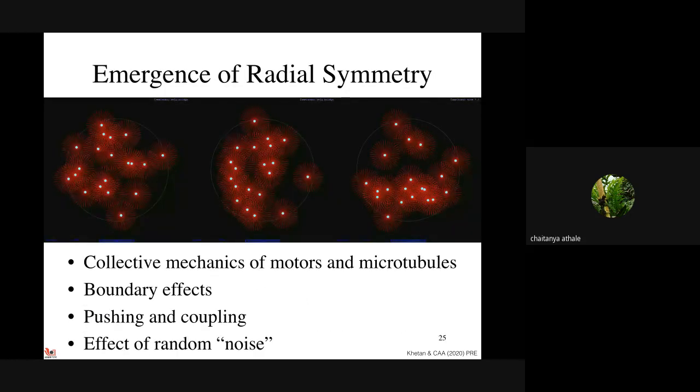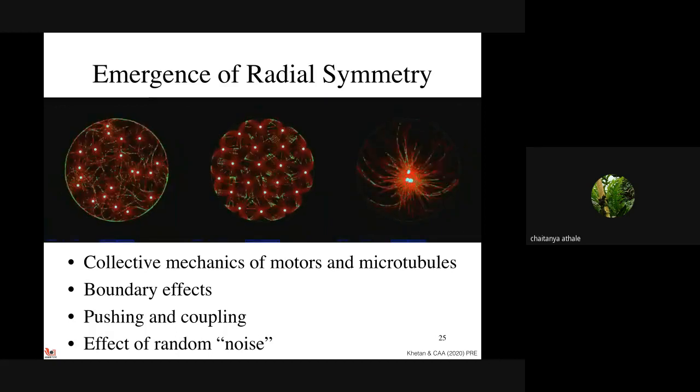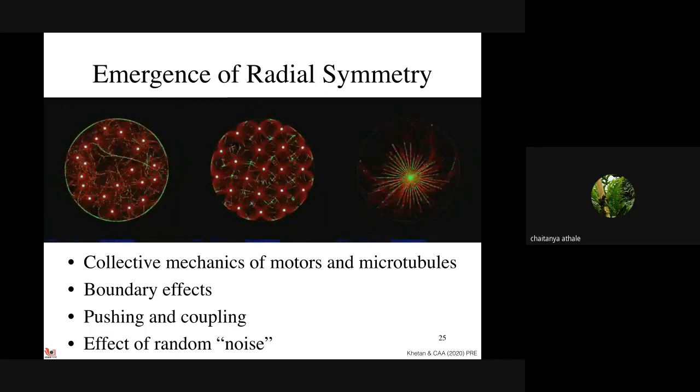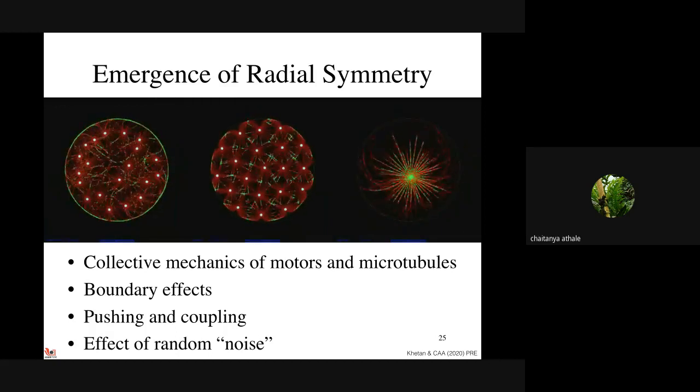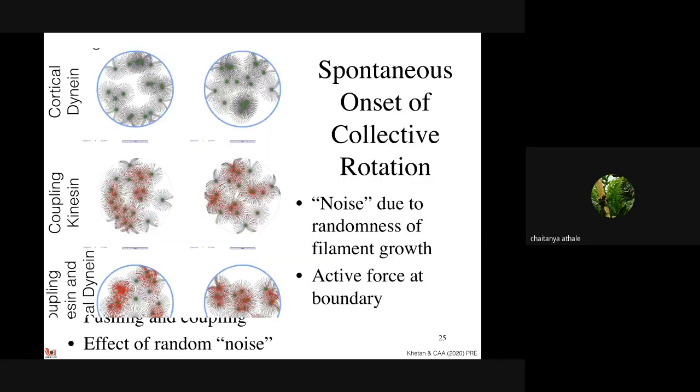And what we observed in this movie is radial structures of microtubules interacting with kinesins or dyneins, being either minus-ended motors or plus-ended motors, being forced to form what is in the middle, regular lattices of nucleation centers, or a central radially symmetric aster.